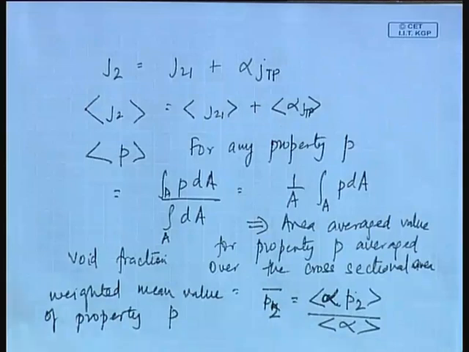So, this particular property considers the effective area over which it is distributed. The previous one was over the total area, this is the effective area over which it is distributed or divided. So, that particular effective area is considered, and from there we get the weighted mean average property of any particular parameter.